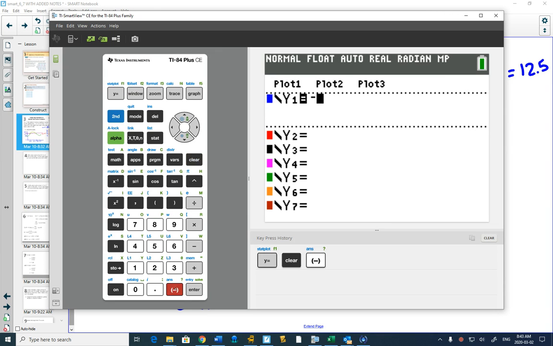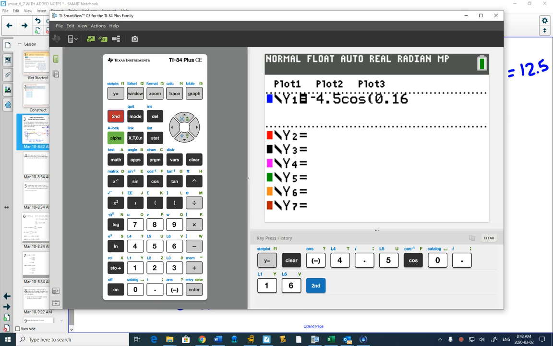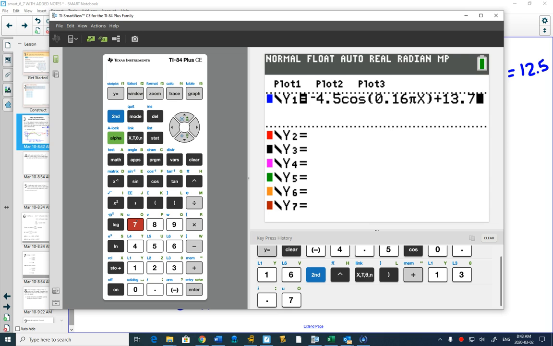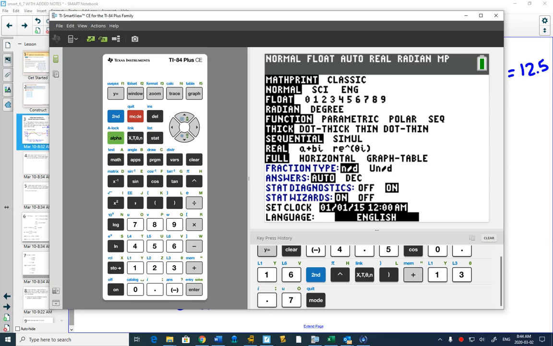So we had negative 4.5, and make sure you use the negative sign, not the subtract sign. Cos 0.16 pi t, so we have to use an x, plus 13.7. Okay. First of all, cos graphs with a period are always in radians, so we need to make sure that we go to our mode and make sure that our graph is in radians.